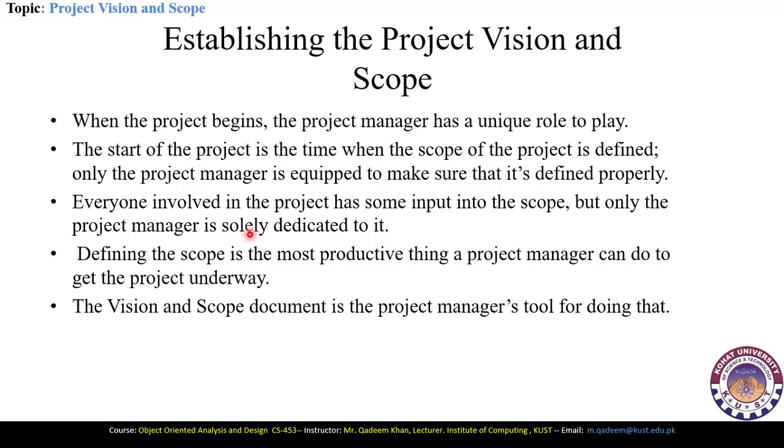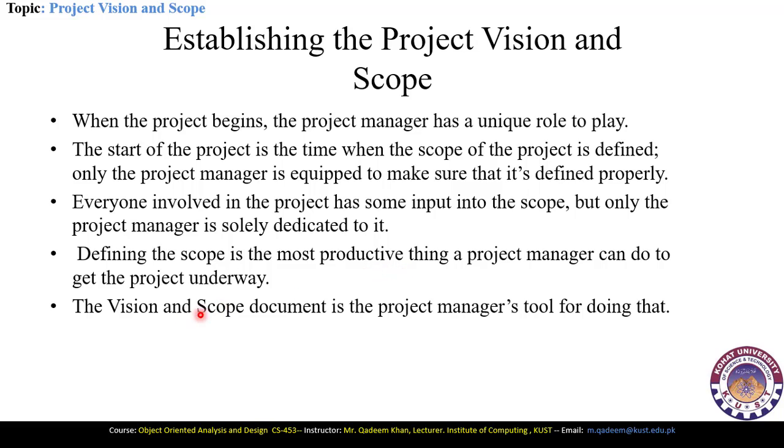Now, to define the scope of the project, which is a very productive activity, the project manager can do that in different ways. And importantly, the project manager can write the scope of the project in a practical and document format.